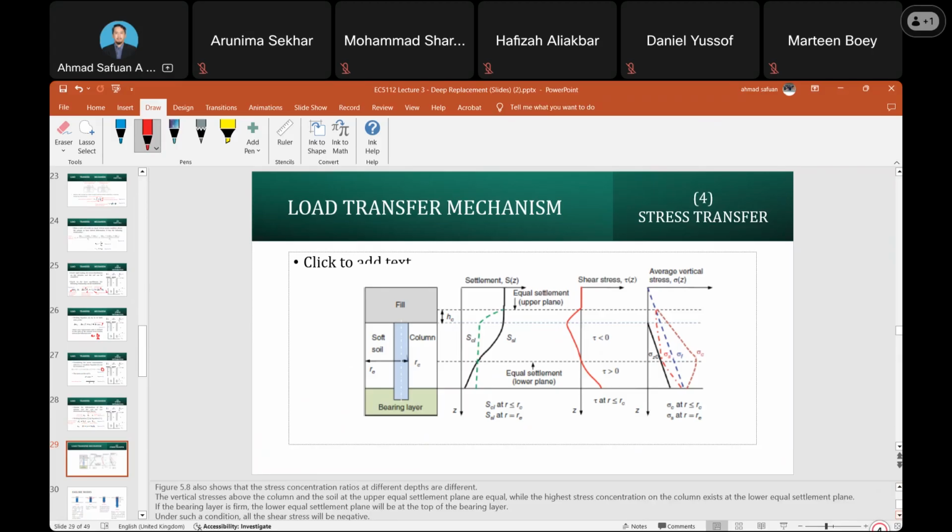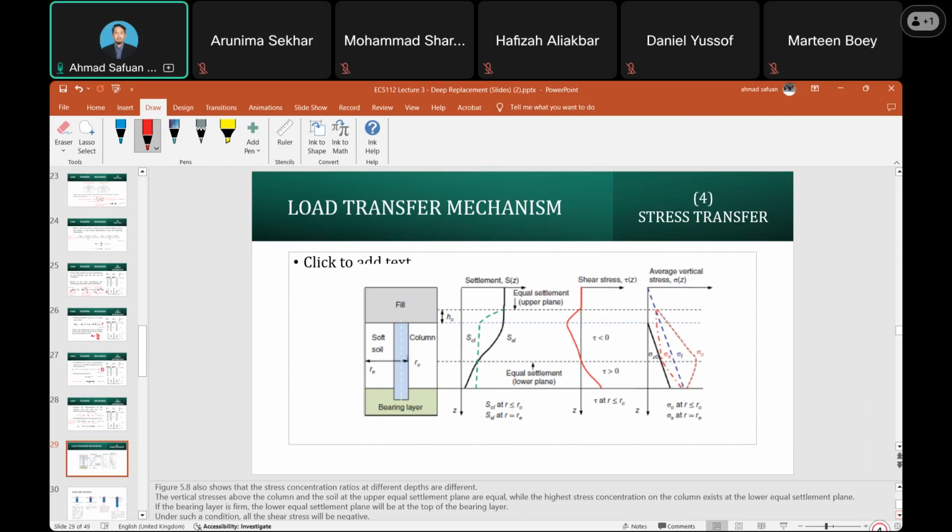The vertical stress above the column and the soil at the upper equal settlement plane are equal, while the highest stress concentration on the column exists at the lower equal settlement plane.